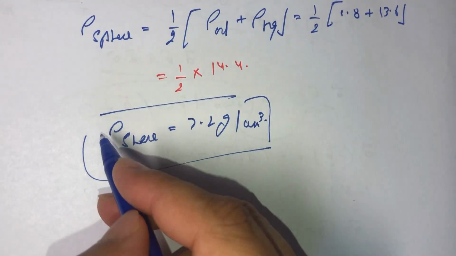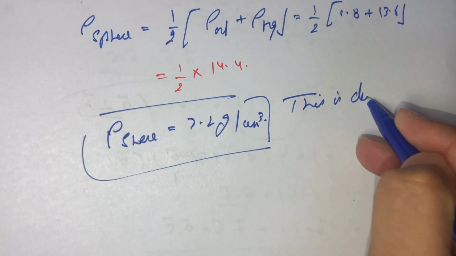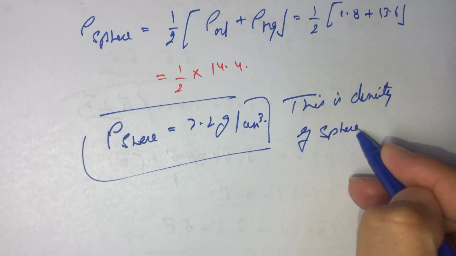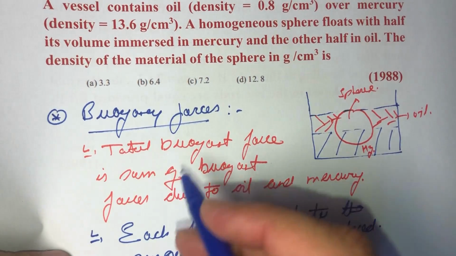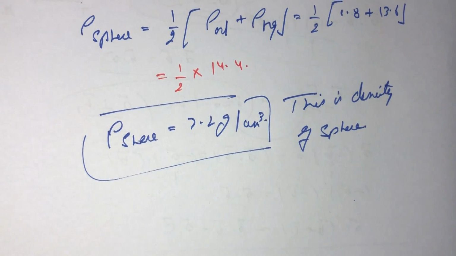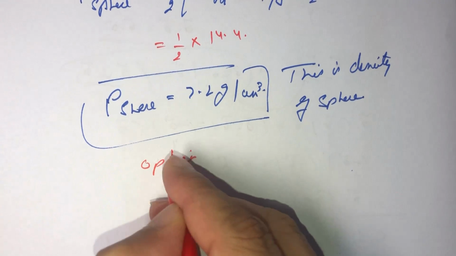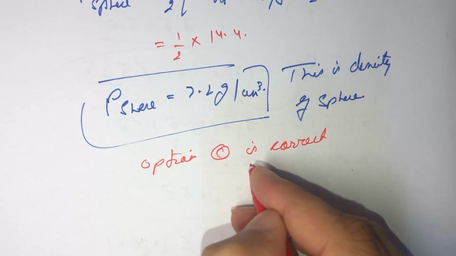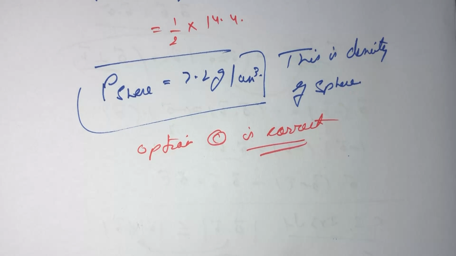So this is the density of sphere, and from the options available to us, option C is the correct option. So this completes the question. Thank you.